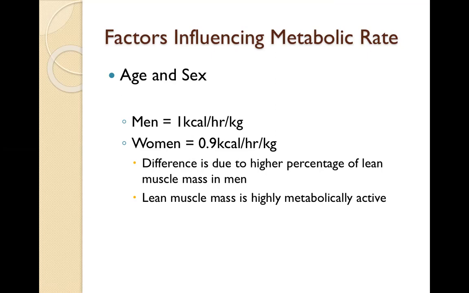And the reason for that is because men on average have a slightly higher percentage of lean muscle mass than women. And lean muscle mass has a higher metabolic rate because it's more metabolically active. And so it's essentially the same, but there's a slight difference in gender.